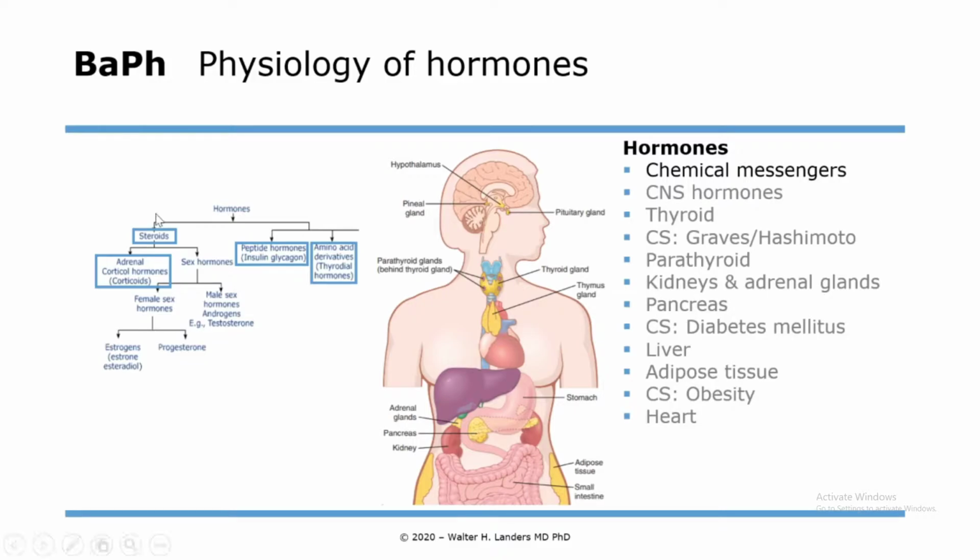And over here you can see a list of organs that produce hormones. For example, over here we have the thyroid with 4 parathyroid glands. We will talk about those, the thyroid and parathyroid. But perhaps it's interesting to know that the heart can also produce hormones. And not a lot of people know that. There's not a lot of hormones that the heart can secrete.